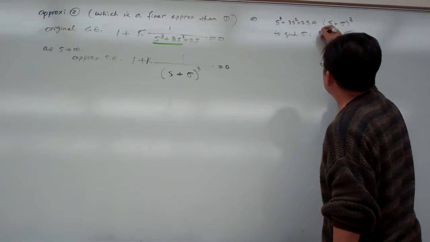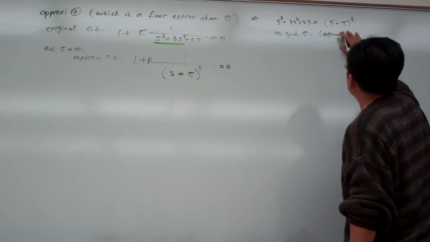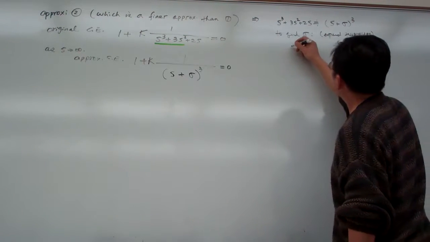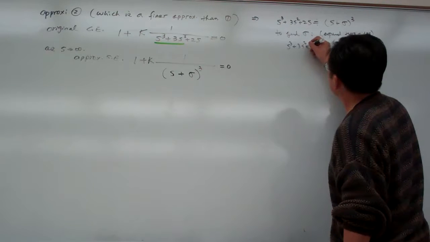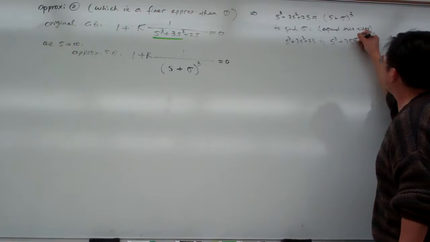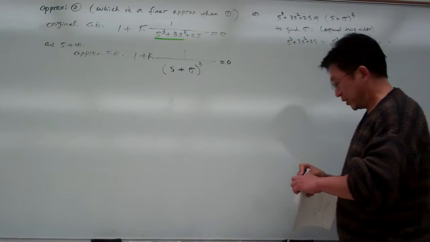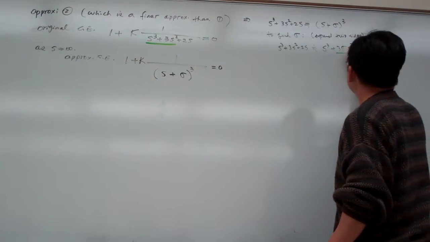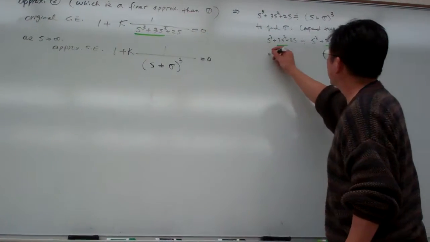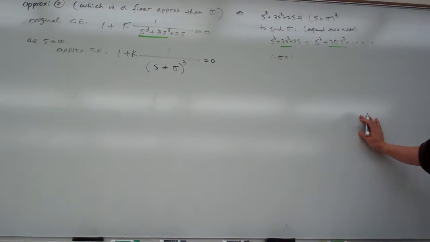We simply expand the two sides, and what we have is s cubed plus 3s squared plus 2s, and this one expanded as s cubed plus 3 sigma s squared plus etc. Once we expand it, we compare the first two terms. That means we compare this one. So from this, we can find sigma equal to 1.